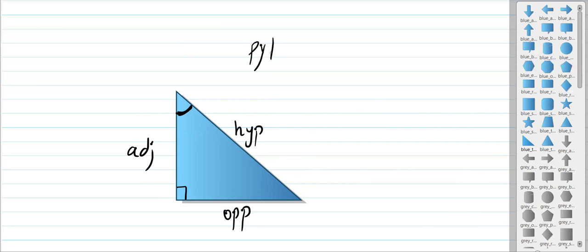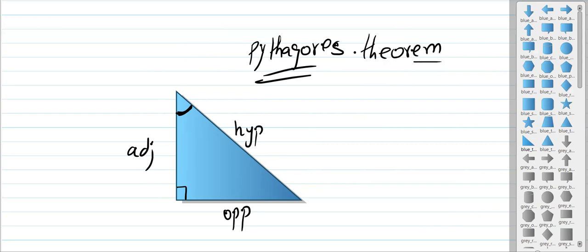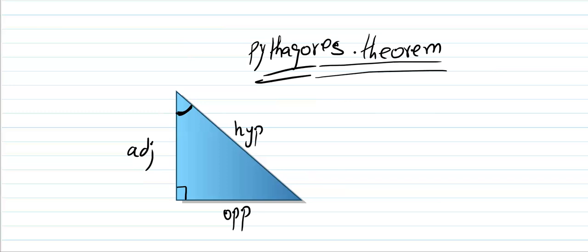Pythagoras theorem we use to find the unknown sides in the right triangle. How do we do that?